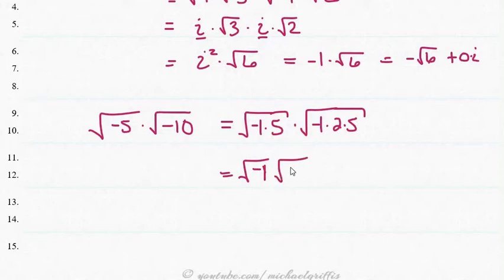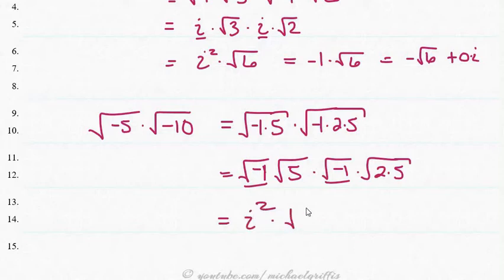Okay, I just rewrote that like that. i times i is i squared, times. We can take both of these under the radical here.